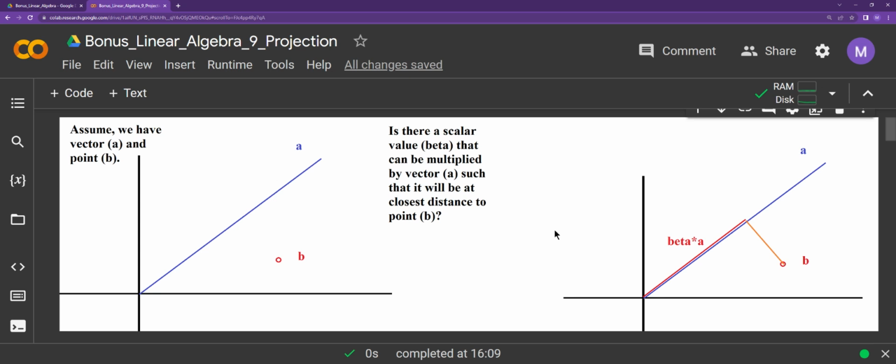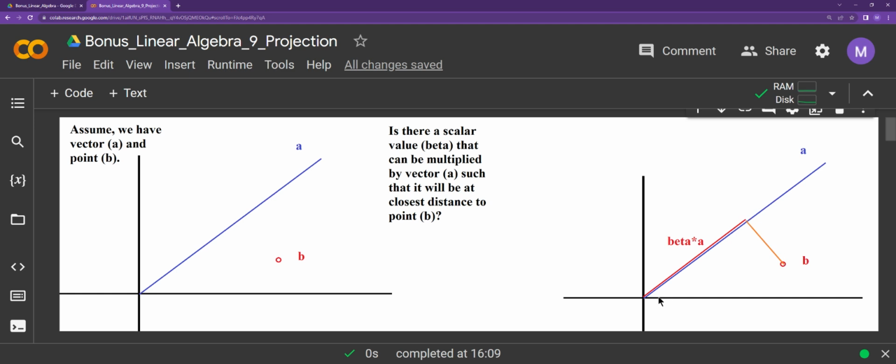Okay, now from our previous lectures, you know that if you have a vector and a scalar multiplied by that vector, it would yield basically another vector, but in the same direction. Okay, it would be exactly in the same direction. So there is this beta value you can assume that if you were to multiply it by your vector A, it would point directly up to the point where projection from this point B was on.